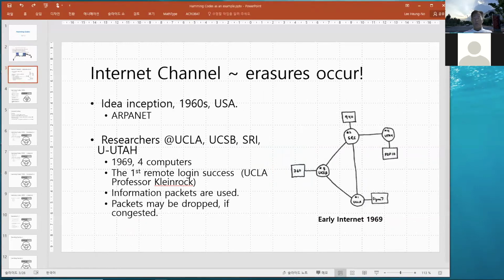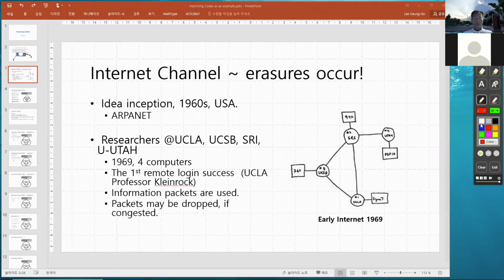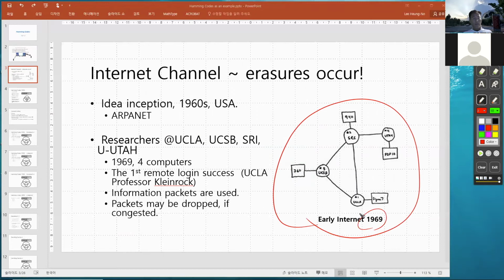So here is an internet channel. Internet channels are erasure channels. So here is the early internet. The early internet was called ARPANET.